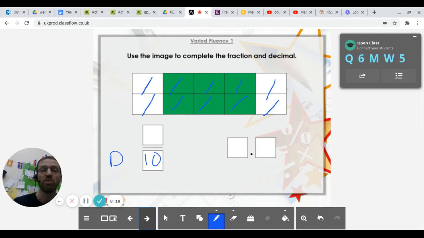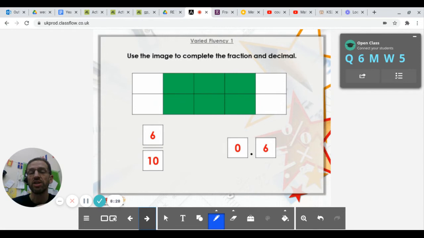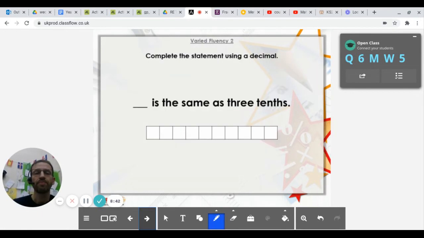How many are we talking about? The green ones probably. 1, 2, 3, 4, 5, 6. I think it's going to be 6/10. And that's going to be something in a decimal. Let's have a look. 6/10, 0.6, which is what we looked at in the place value chart as well. We have tenths. Immediately after the decimal point, we have our tenths. Here we would have our hundredths. And here are thousandths. Well done.